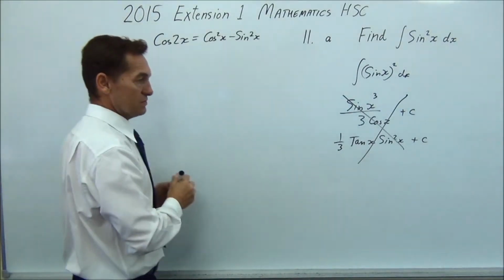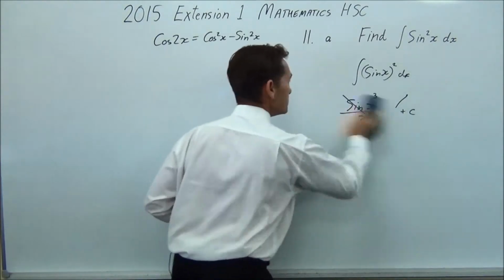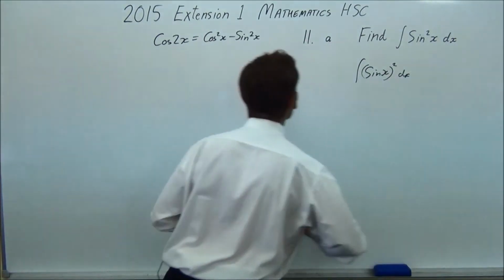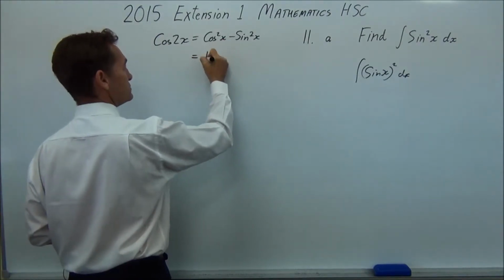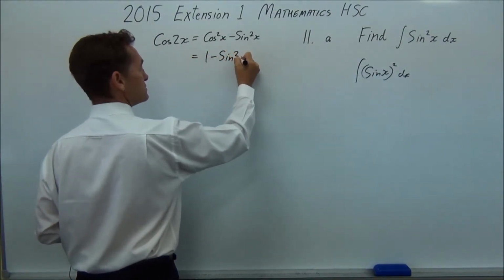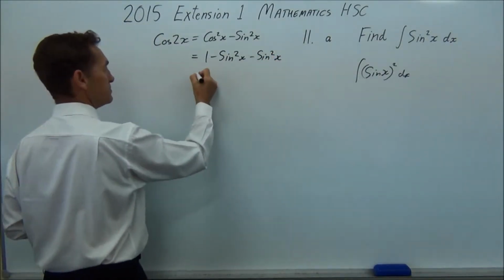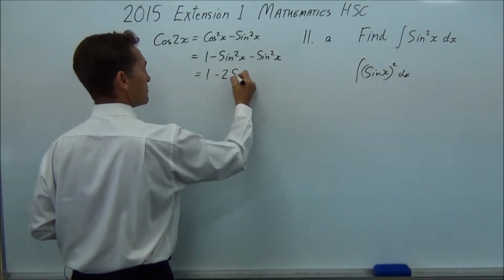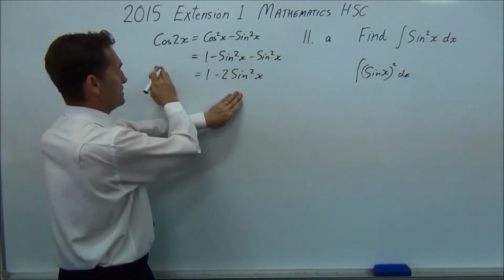So we'll just wipe that out. And so we'll translate cos squared x into 1 minus sine squared x. So that's 2 of them. Now I'm going to switch those 2 over.